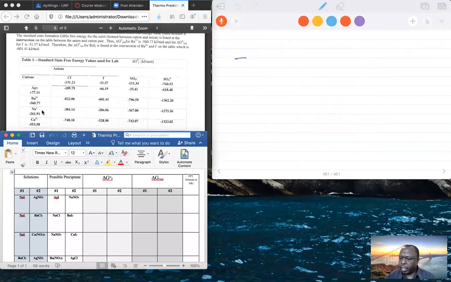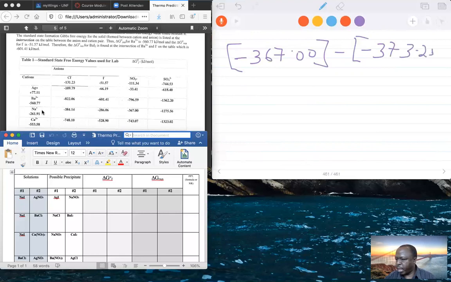And I see this is telling me negative 367.00 minus, all right, minus what? 373.25. Remember, from the 3rd grade maths, positive and positive, this will change to negative. This is the same as 367.00 plus 373.25.